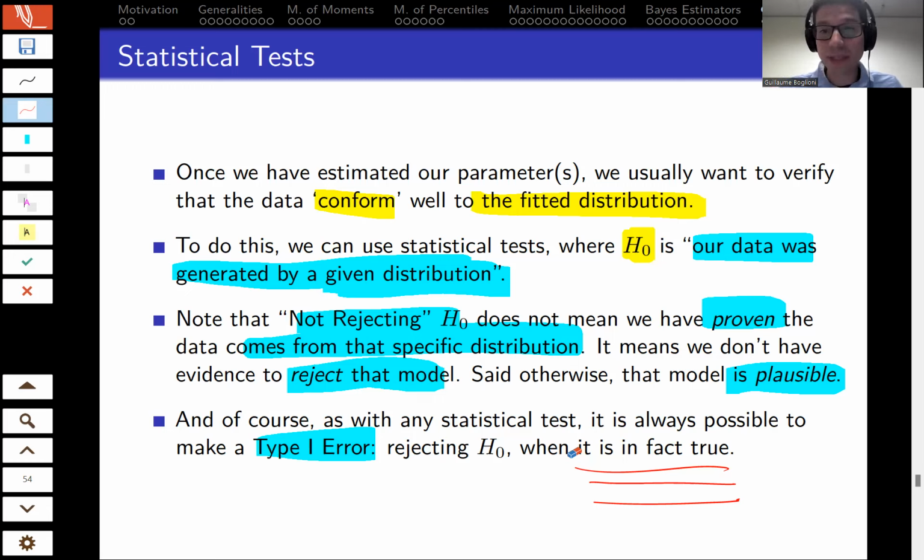If you run a statistical test, you're going to reject that the probability of tails is 50%, because even though the coin is fair, randomness has given you a sample that doesn't really reflect the true parameter. That's type 1 error.